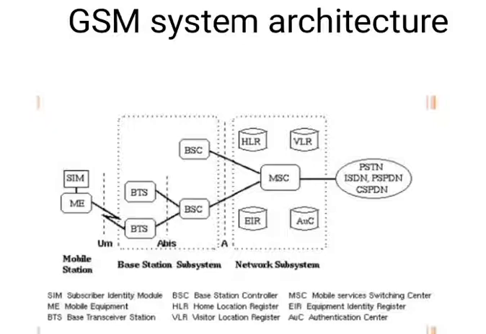The mobile station consists of SIM, that is subscriber identity module, and mobile equipment. Base station subsystem consists of BTS, that is base transceiver station, and BSC, that is base station controller. Then there is an interface, and the last part is the network subsystem, or we can say the operating support subsystem.